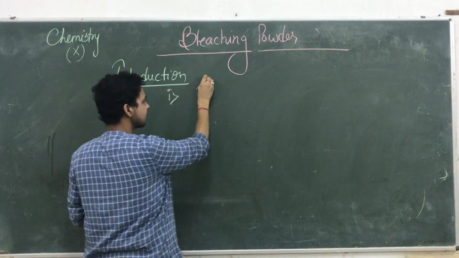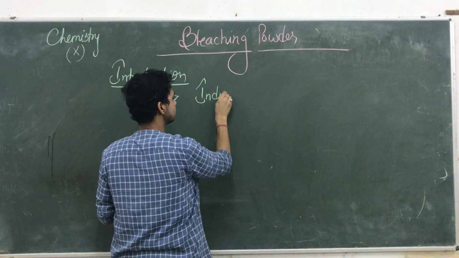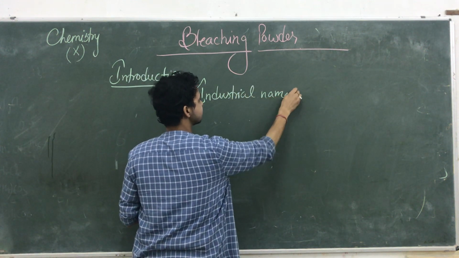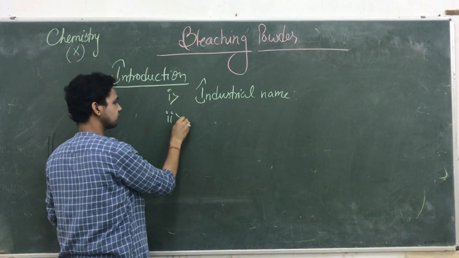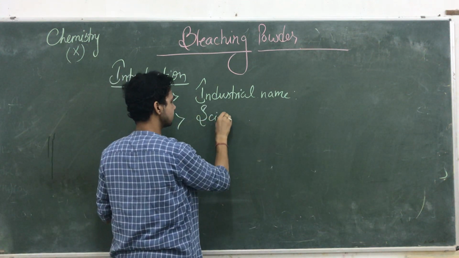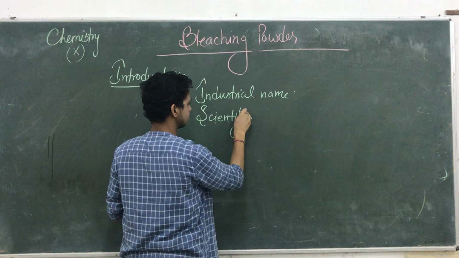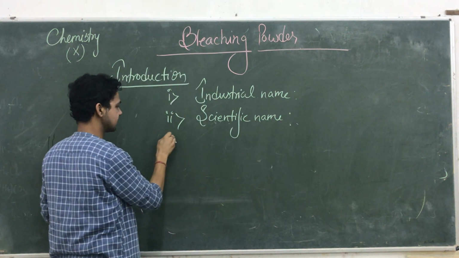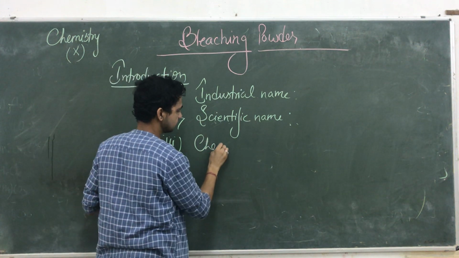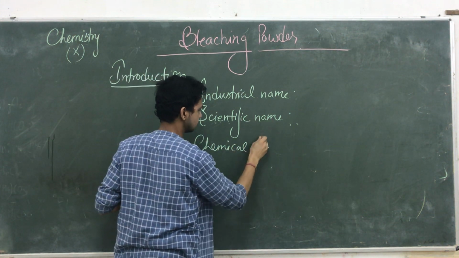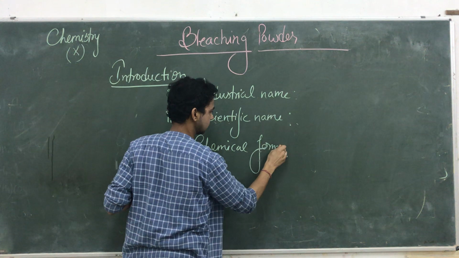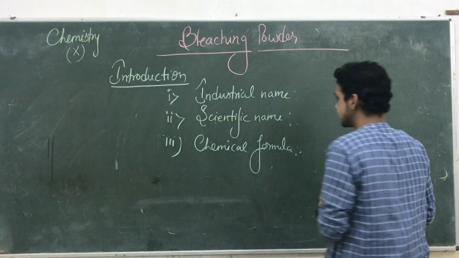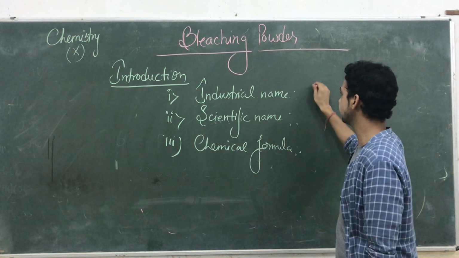The first one is industrial name, the second one is scientific name, and the third one is chemical formula. So guys, its industrial name is bleaching powder or bleach powder.